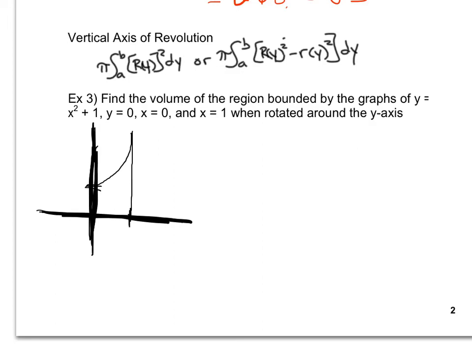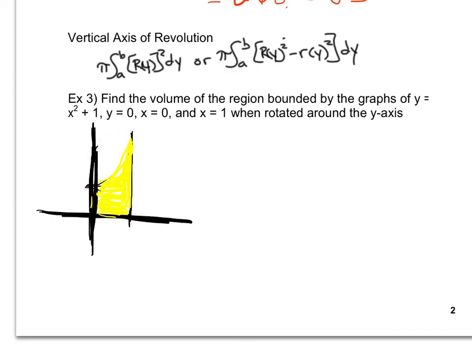So I'm trying to take this and rotate it. Notice that it's in between y equals 0, x equals 0, and x equals 1 and my curve. I'm going to rotate it around the y-axis. Notice that down here, I don't want to use the washer method. I don't have to, I'm not going to get a hole at all.